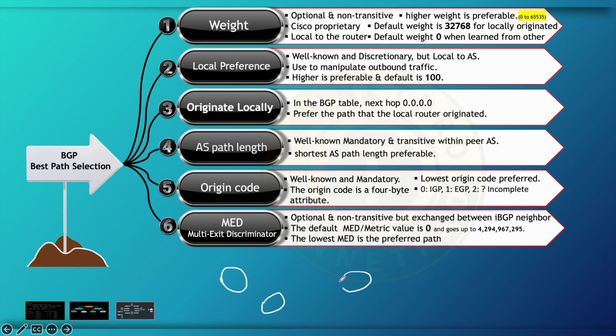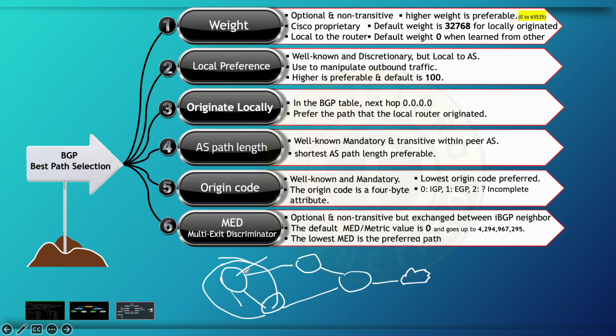Here are two routers, and this is your destination, the internet, right? Now this destination route you can reach via two paths. One path is this, another path is this.